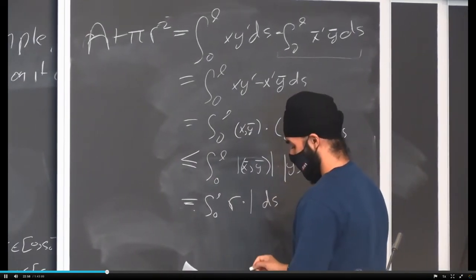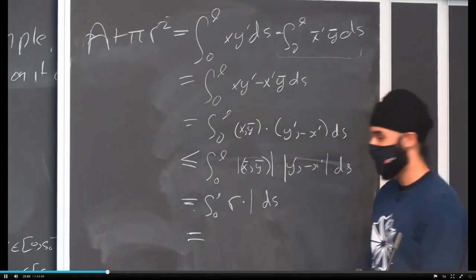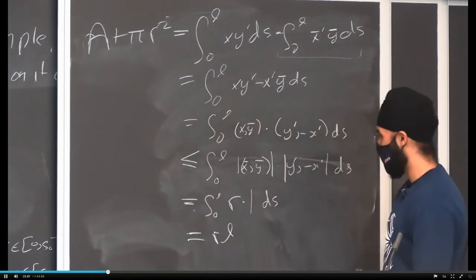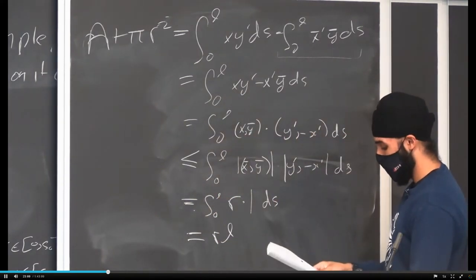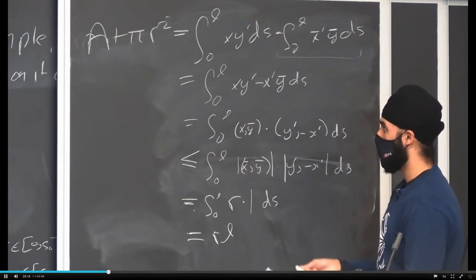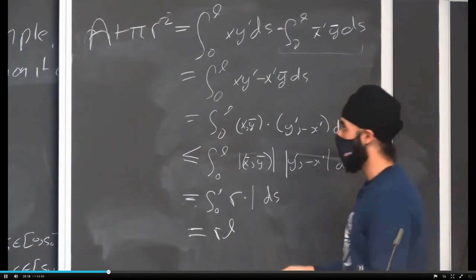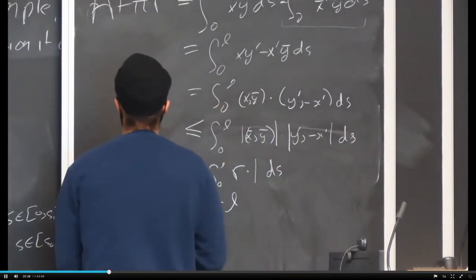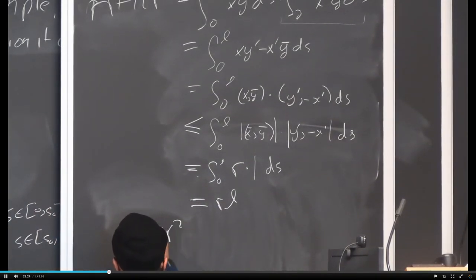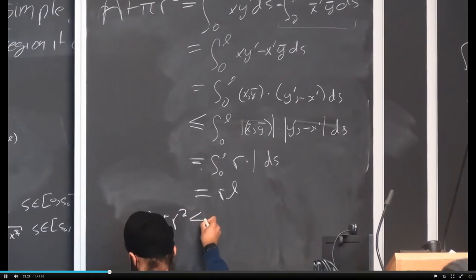And then finally, this is probably the easiest part of the proof. You just integrate 0 to L. So you get this. And finally, we have to use one more inequality, which I mentioned before, the AM-GM mean. So we're going to play the same game. And in the final step, we're going to get a pi r squared. And remember, we squared both sides.